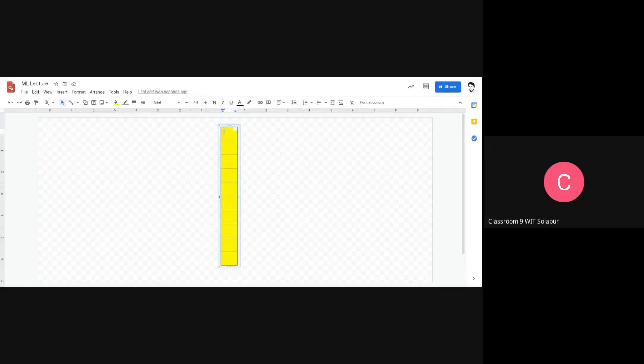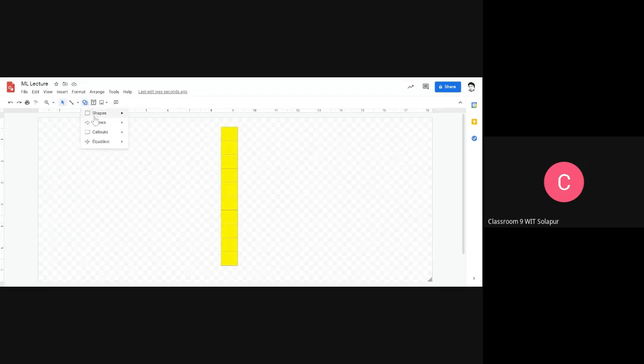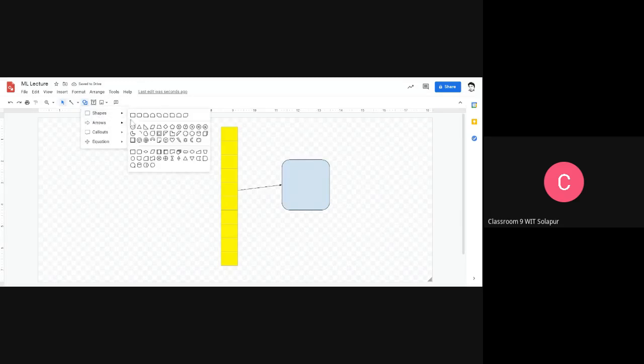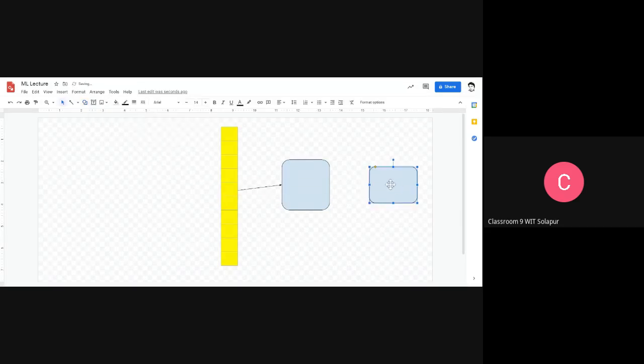And if you look at this data set, now you want to train your ML model on this, right? So when I want to train an ML model on this, the ML model will always read data from this data set into the ML model, and this ML model will now make predictions.